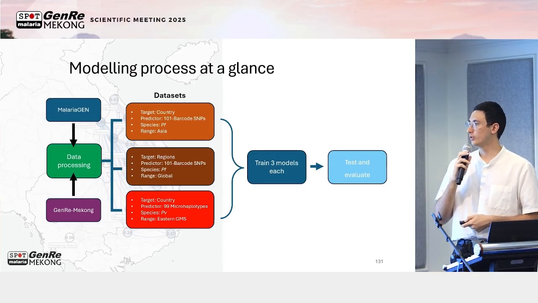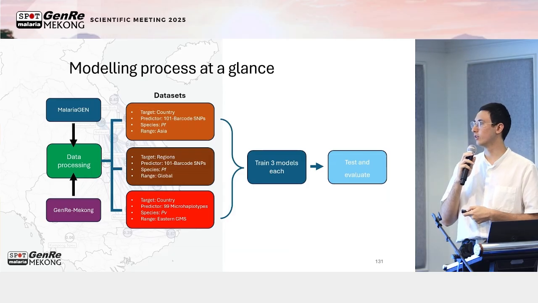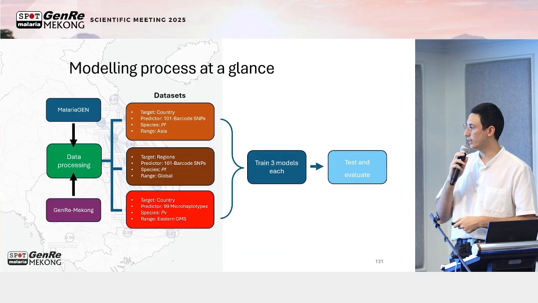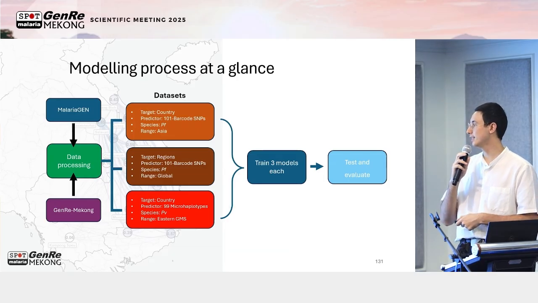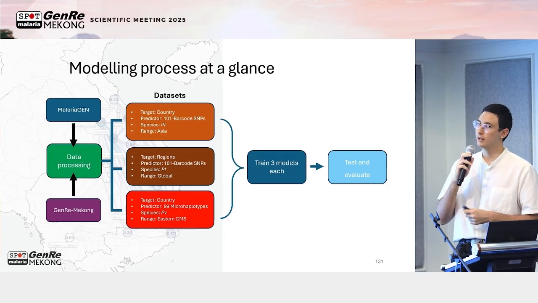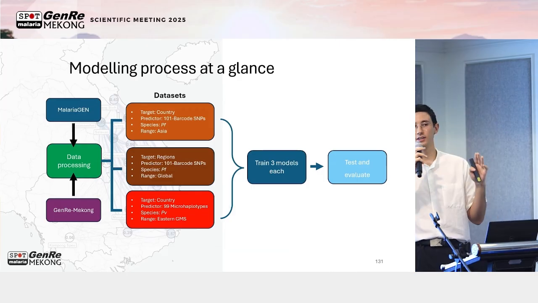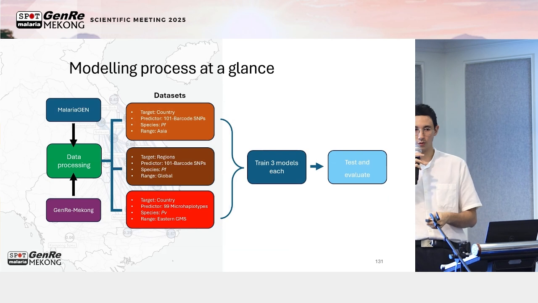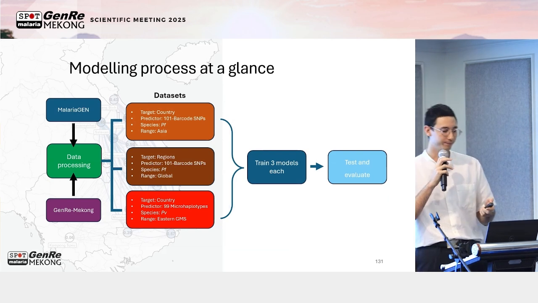And then we created 3 data sets for each research question. And for each data set, we trained 3 models each, and then we tested and evaluated each model based on data that we withheld in the training of the models. So in that way, it's not biased.